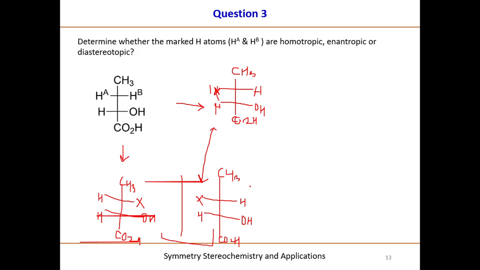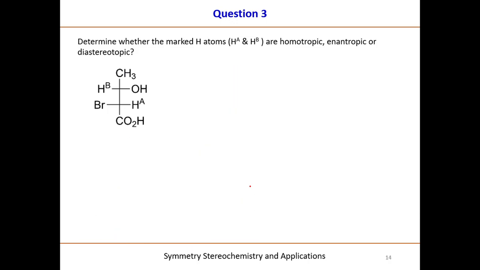I hope all of you are clear here. Now let's take the next question. Again we have to follow the same rule. We will change one hydrogen by halogen atom to check the topicity of the group present here.